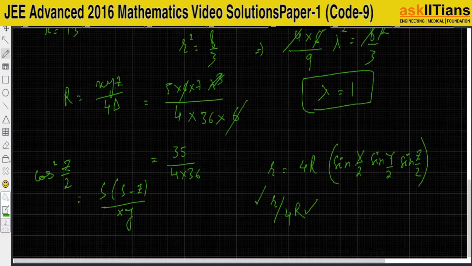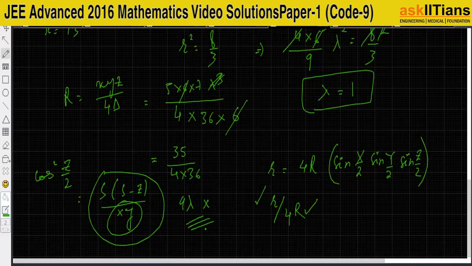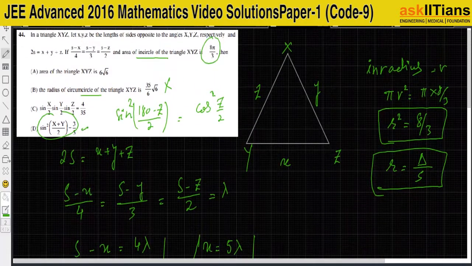Now you know all the three values in terms of lambda, you can put them in and get the answer. s is 9 lambda, s minus z you also know, so we can just simply put in and find out the answers. So I think this option will also come out to be true, so you need to check these two options and find out the values. So I told you the method, you can find out the answer.